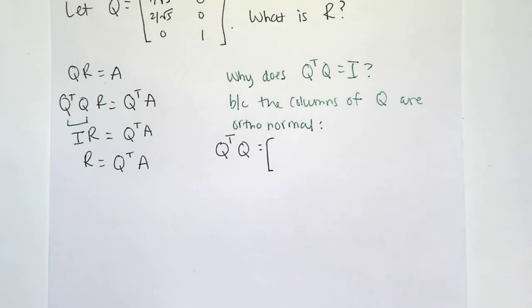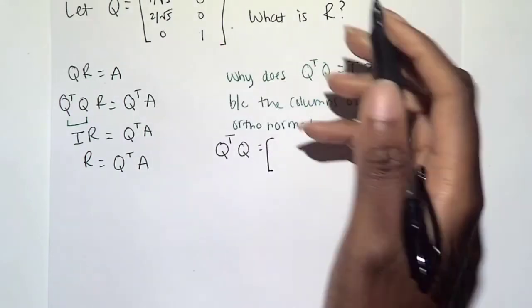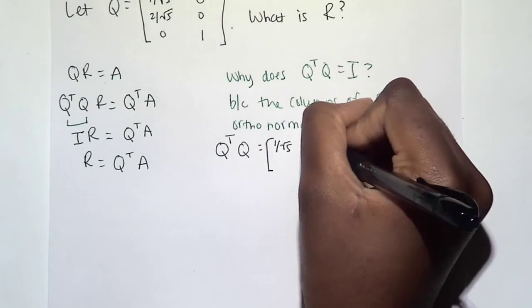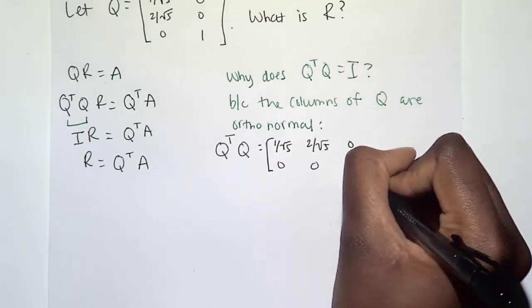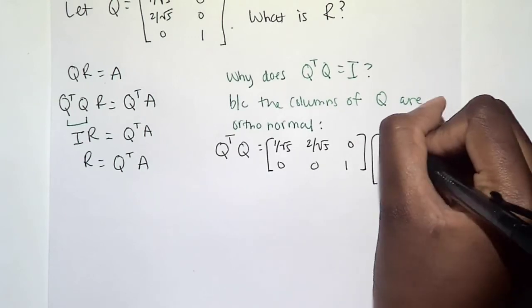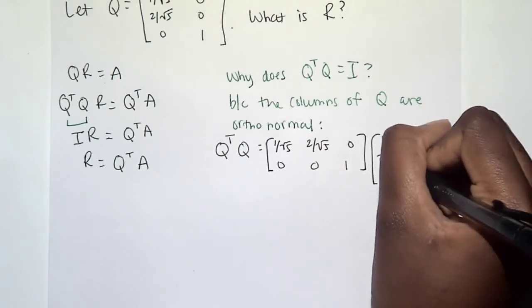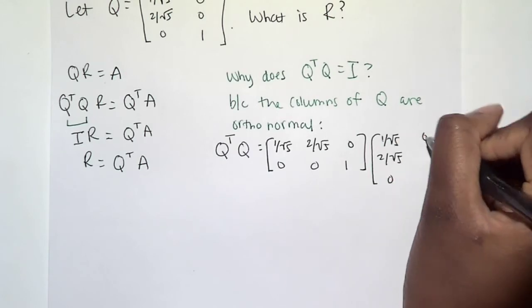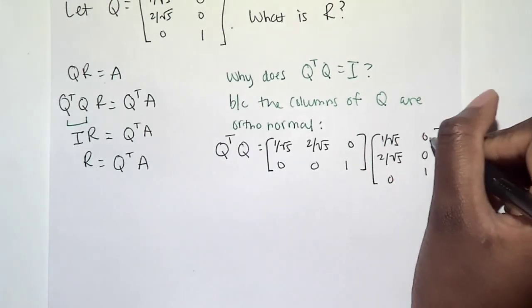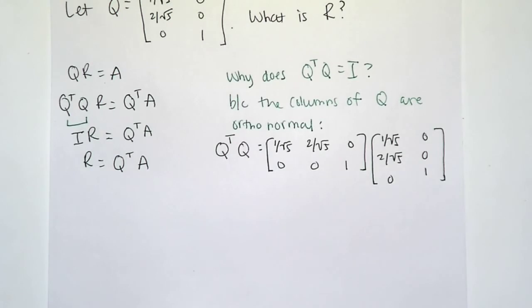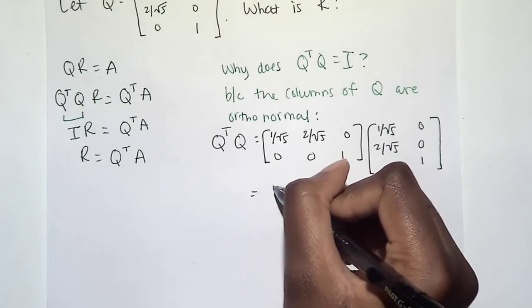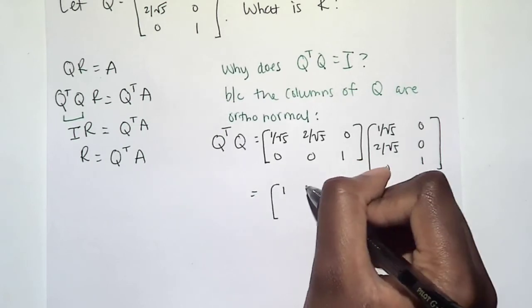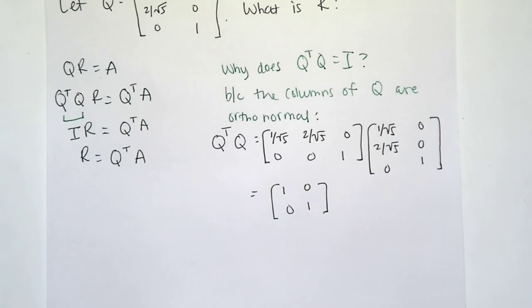The transpose, where the first column will become the first row, times Q. And when we do our matrix multiplication, we get (1, 0; 0, 1), the identity matrix.